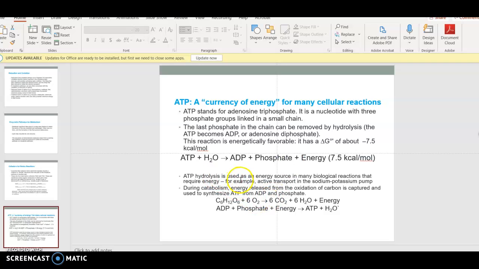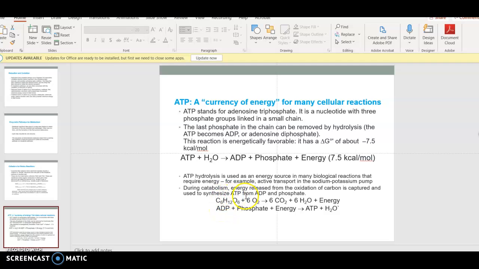ATP hydrolysis is used as an energy source in many biological reactions that require energy, for example, active transport in the sodium-potassium pump, or even the movement of the human being, or anything that requires energy. During catabolism, the energy released from the oxidation of carbon is captured and used to synthesize ATP from ADP and phosphate.